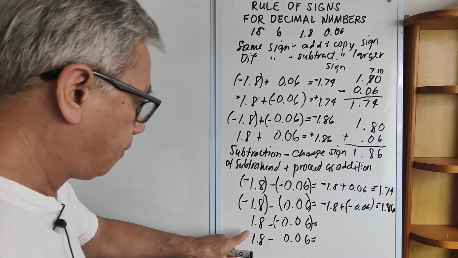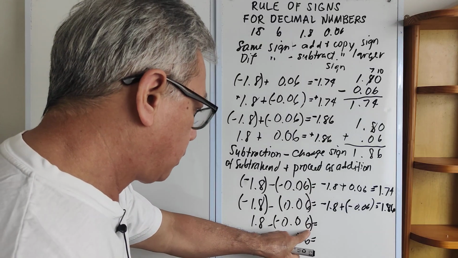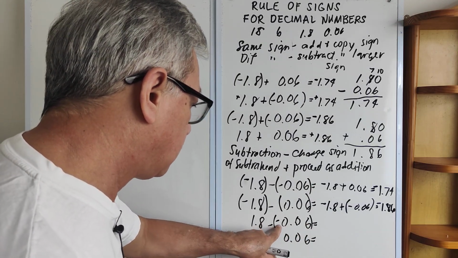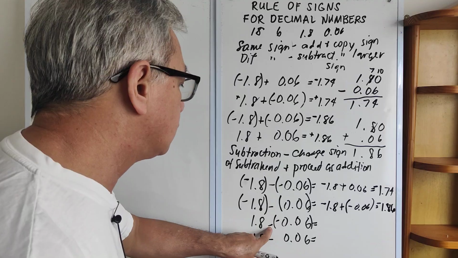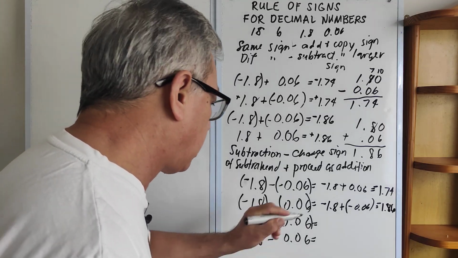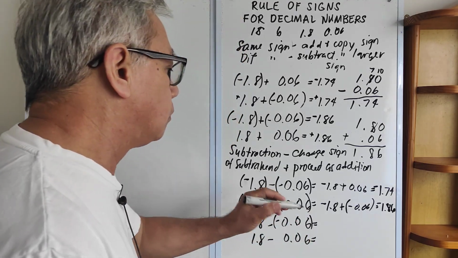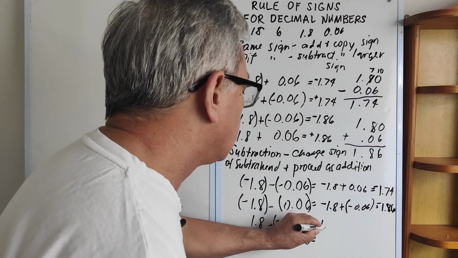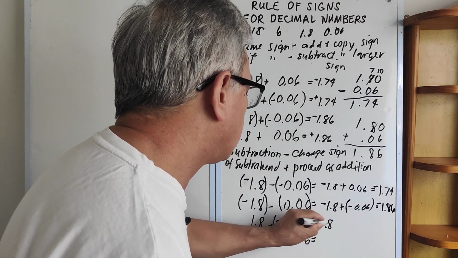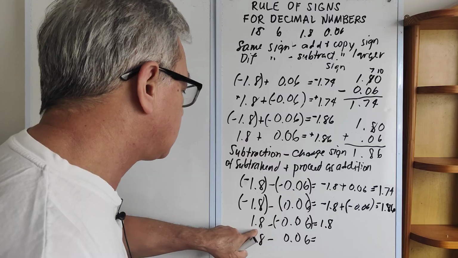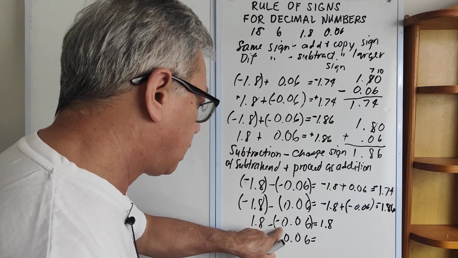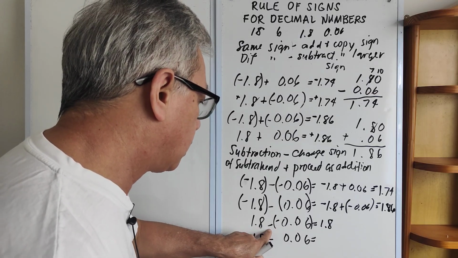Now the third number, the subtrahend, we have to change the sign. This negative becomes positive, and then we make this into addition. So we have to rewrite, in order to avoid mistakes. So this is 1.8. The sign doesn't change, but this negative becomes positive, and this one will become addition.